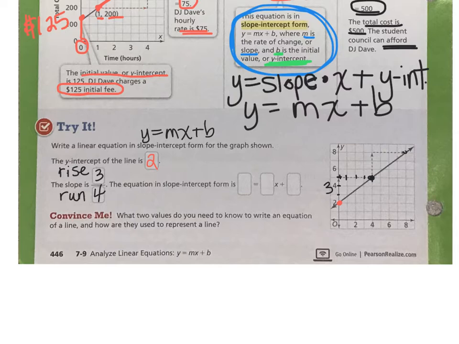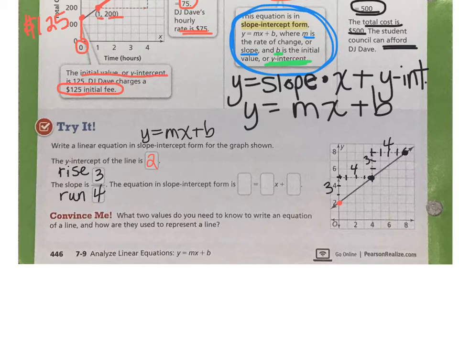And we can check that by going between the next 2 points. Up 1, 2, 3 again. And over 1, 2, 3, 4. So the rise each time is 3 and the run each time is 4.